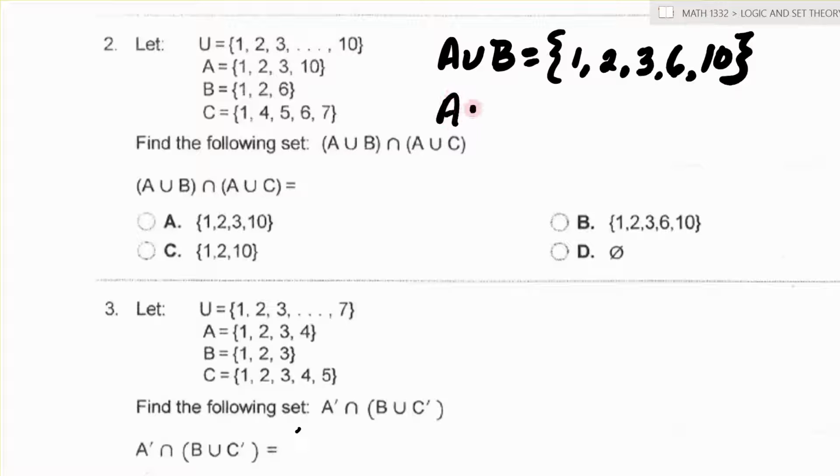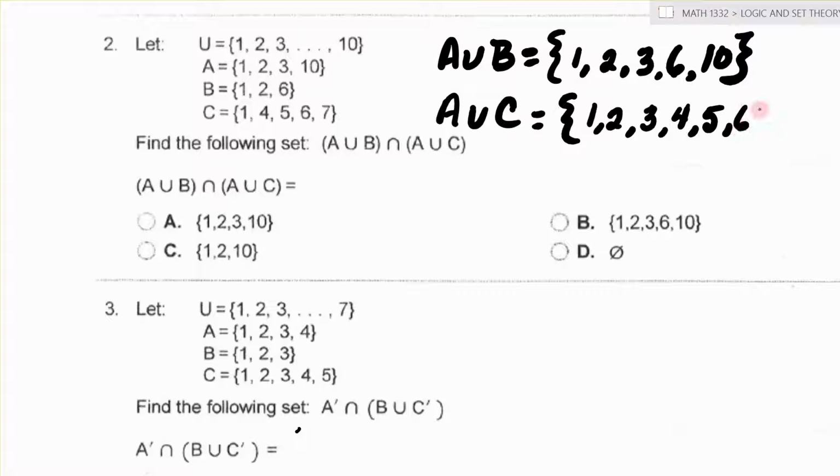I then need to look at A union C. That is combining A and C. I need a 1, a 2, a 3, a 4, a 5, a 6, a 7, and a 10.